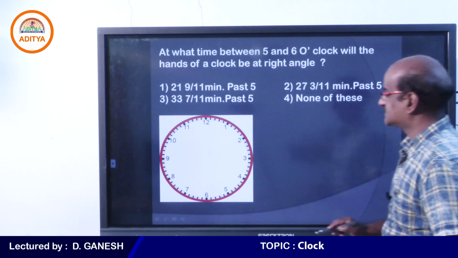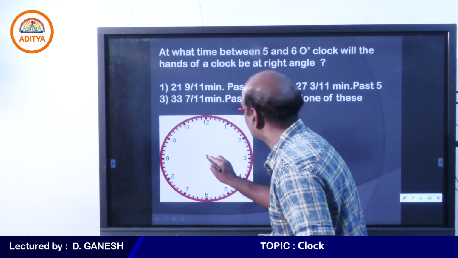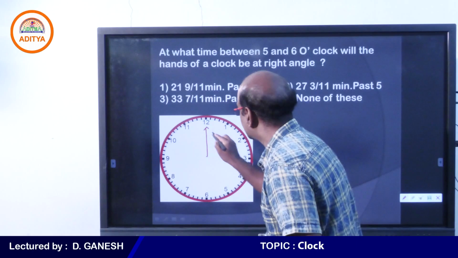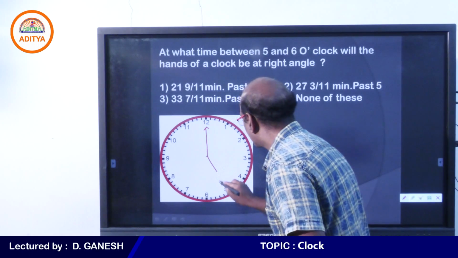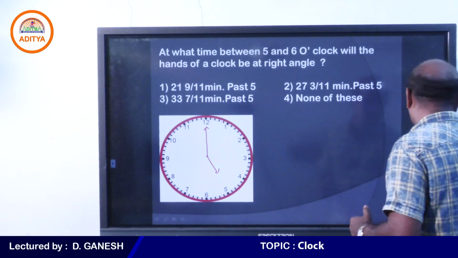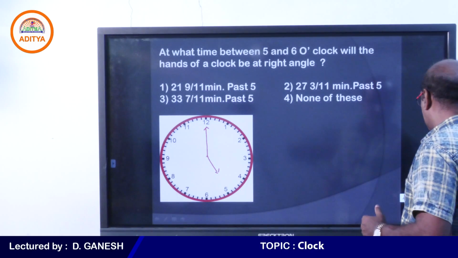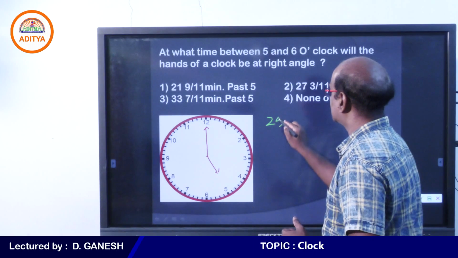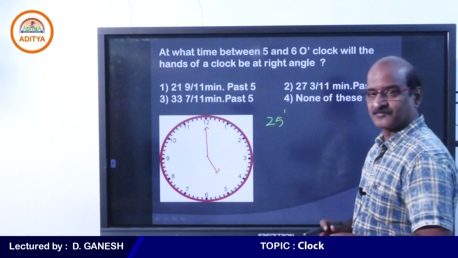Yes, my dear students, the time is 5 o'clock. Between 5 and 6 o'clock, when the time is 5 o'clock, we can see the gap between the hands is 25 divisions.